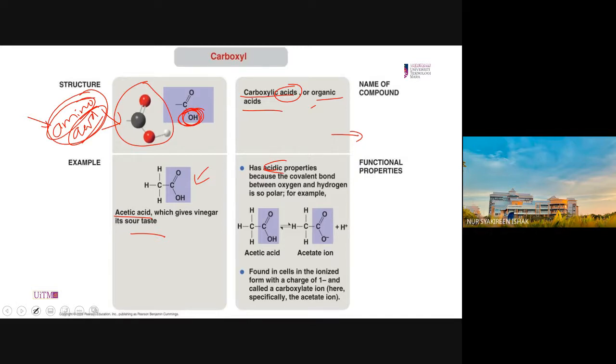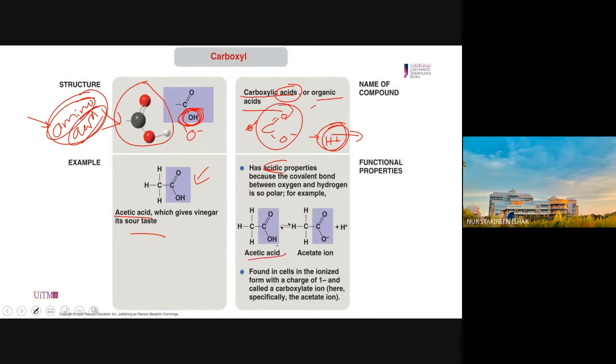It will be ionized, so it becomes C double bond O, O negative. Why? Because it releases hydrogen ions into the surrounding. The more hydrogen ions released into the surrounding, the more acidic the solution becomes. As you learned, the lower the pH of that solution, the more acidic, due to the presence of more hydrogen ions within that solution, which are released by this carboxyl group. Okay, like this.